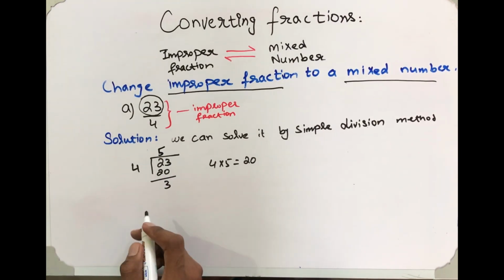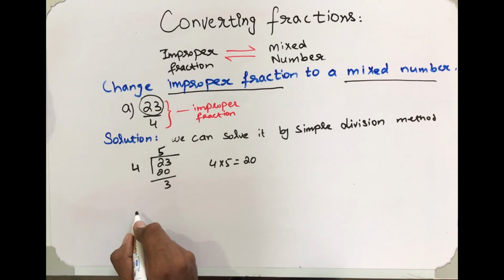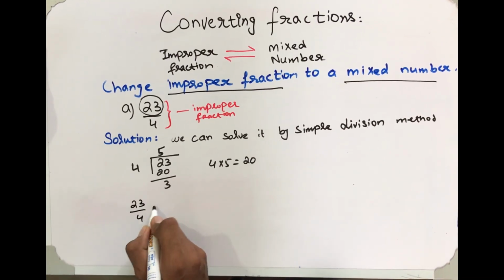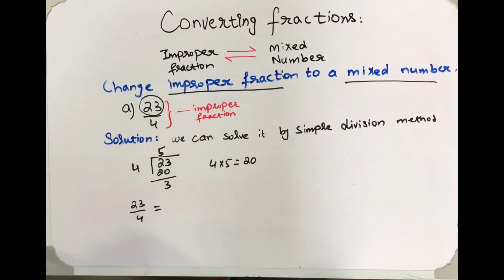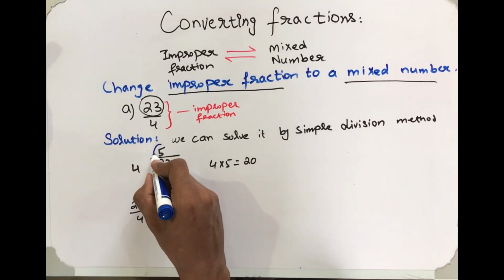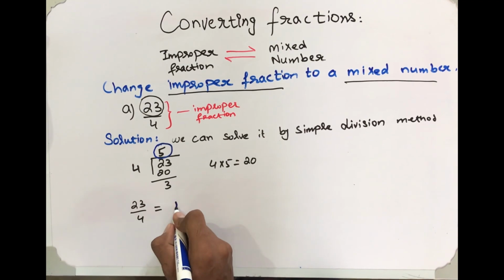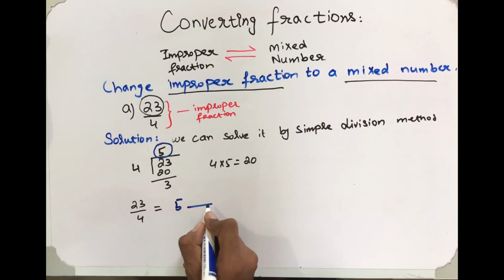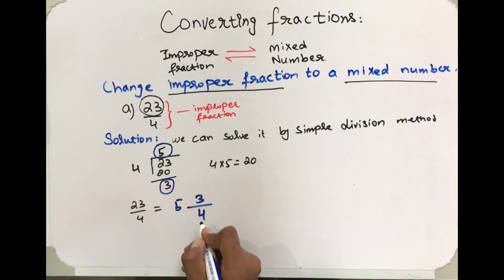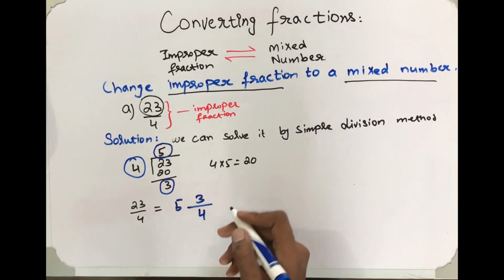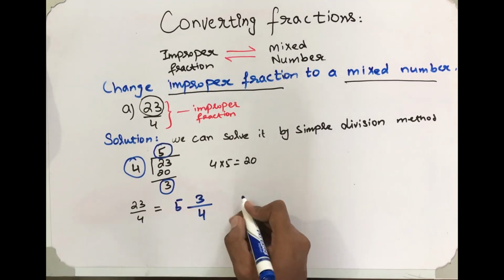So after division we can write 23 by 4 as follows. First of all we will write the quotient as a whole number, 5 whole number, then the numerator is the remainder, 3, and then the denominator, that is 4. So this is quite easy.